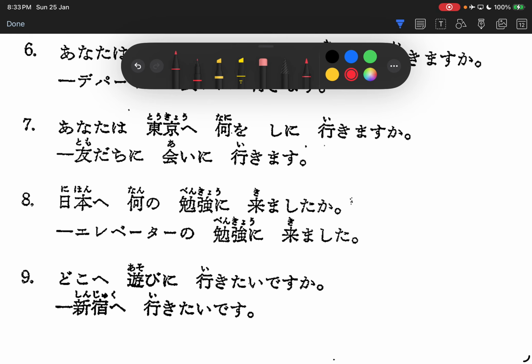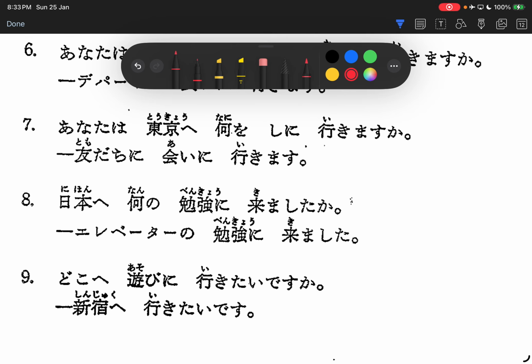Okay, then the answer: 友達に会いに行きます. So to see friends I go, for the purpose of meeting friend I go. You might be thinking, 友達に, why not 友達と会いに行きます, like with friend I go meet? But you see, the friend haven't met yet, how you be with already?